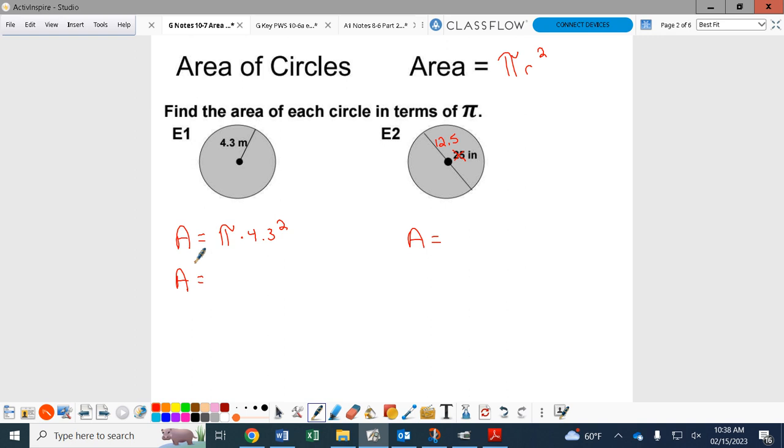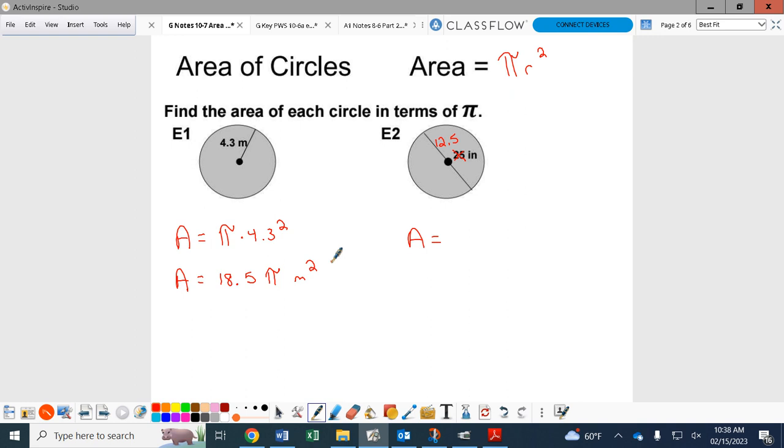There's no second, no nothing, we're not taking the square root, we're squaring it. So you type 4.3, hit the square button, and you're going to round to 1 decimal place. What's that give you when you round that to 1 decimal place? 18.5 pi meters squared. You got to have the pi symbol or it is incorrect.